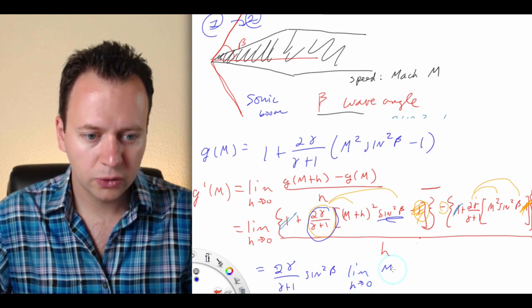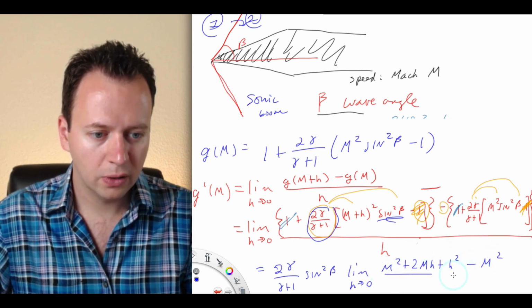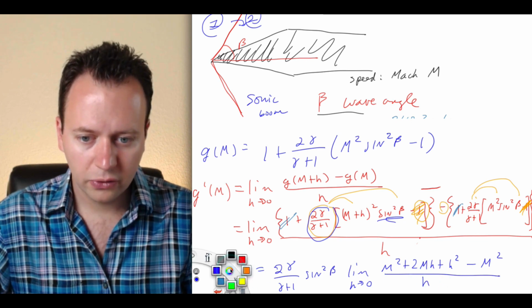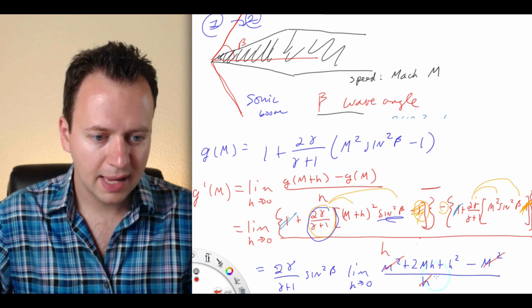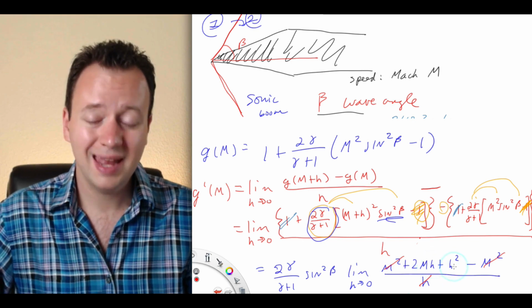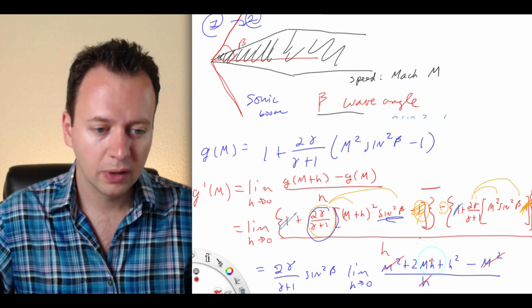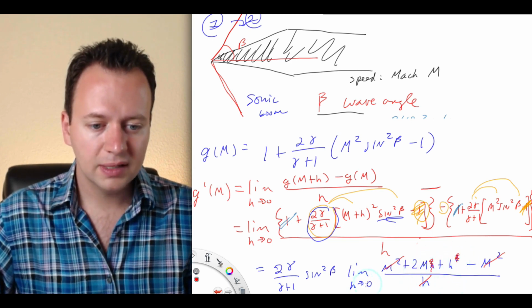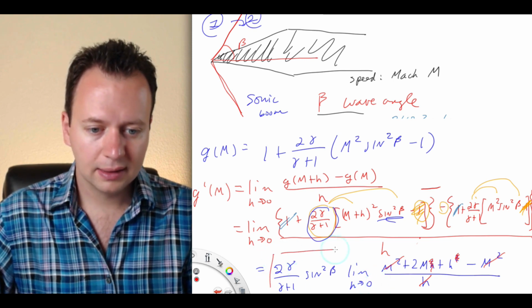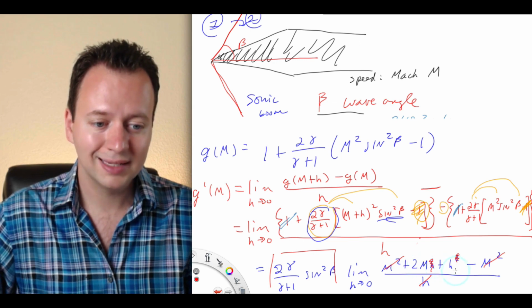M plus h squared is m squared plus 2mh plus h squared, and then minus m squared, all over h. Now you'll notice the m squareds cancel, and since both of the terms remaining in the numerator have a factor of h, I can pull out a factor of h and cancel. So I basically get this times the limit as h goes to 0 of 2m plus h.